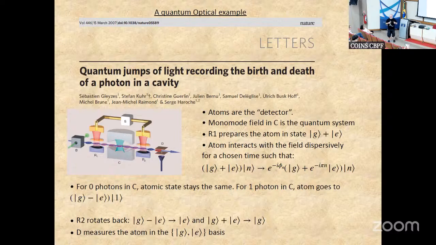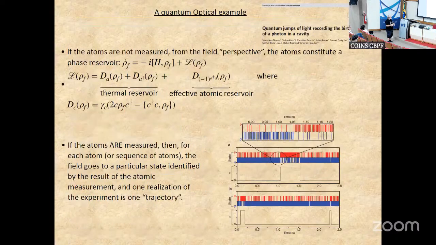But the cavity field is also coupled to its environment at a certain temperature. So the cavity field can lose photons to the environment and can gain photons from the environment. And you keep detecting them. Basically, the evolution of the field inside the cavity is given by an equation of this type.